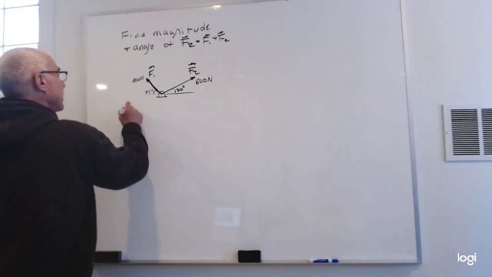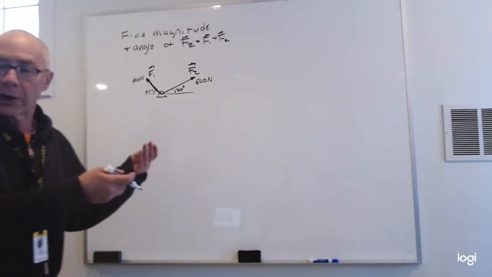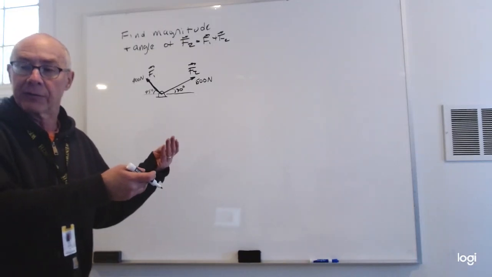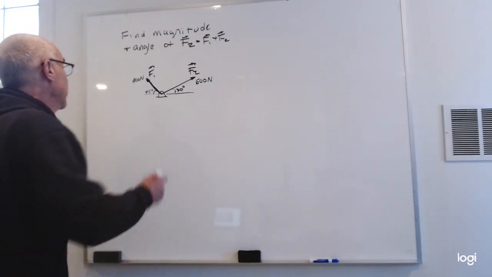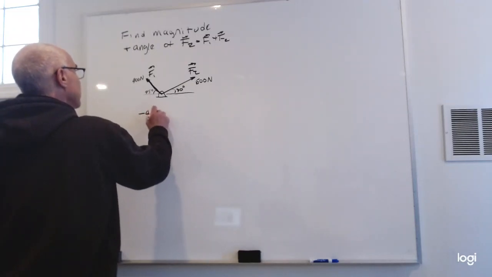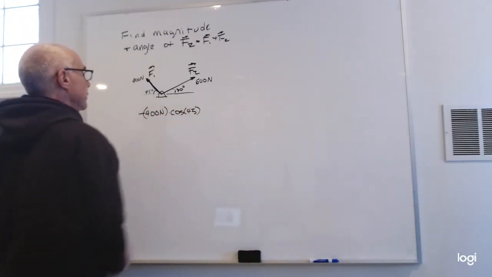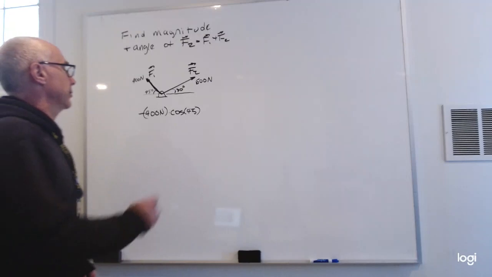But in this case, because it's pointing to the left, our x component is going to have a negative magnitude. So we're going to have negative 400 newtons times cos 45. Okay, that's in the i direction.